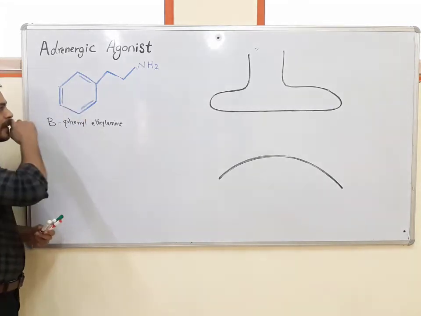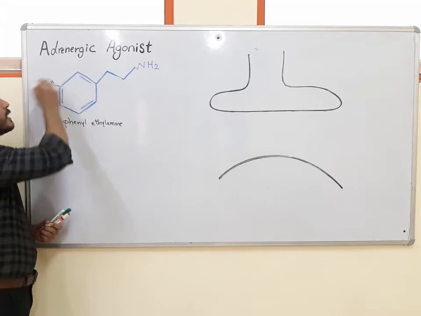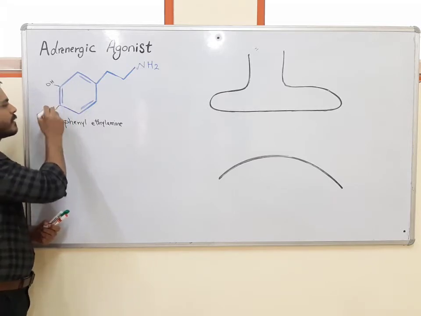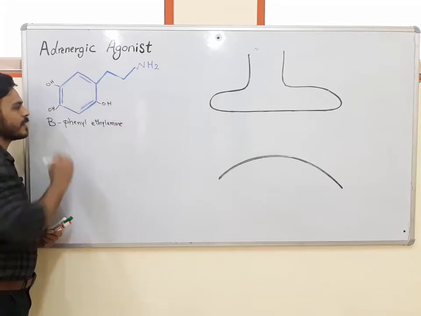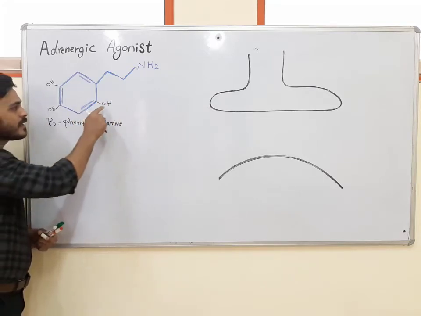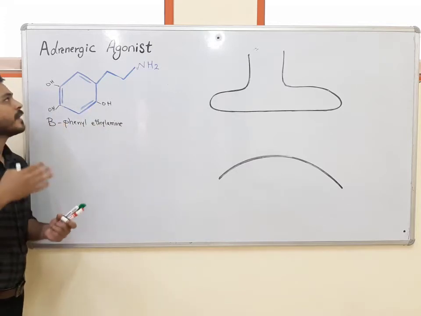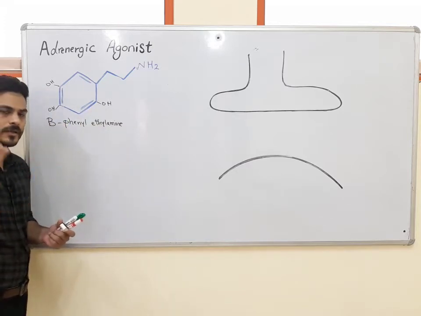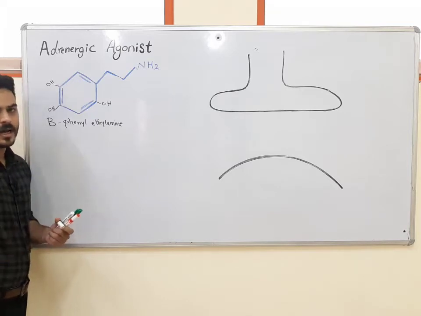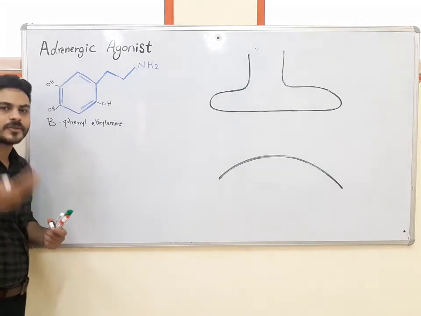This is the benzene ring. The hydroxyl group can be here, here, or here. The first difference between adrenergic agonists is the number of hydroxyl groups. Maybe in one of the adrenergic agonists, the number of hydroxyl groups is 2, but in other adrenergic agonists, the number of hydroxyl groups on the benzene ring can be 3.